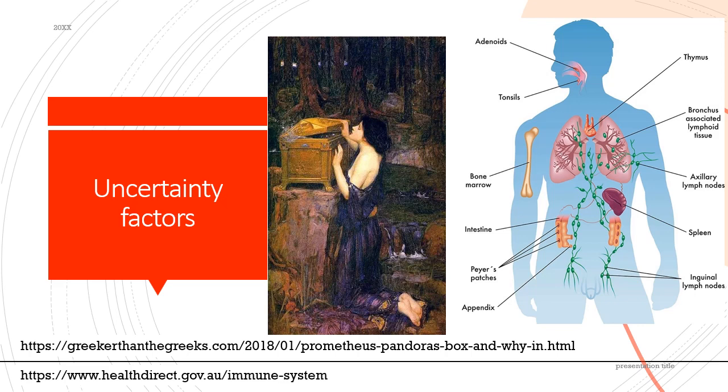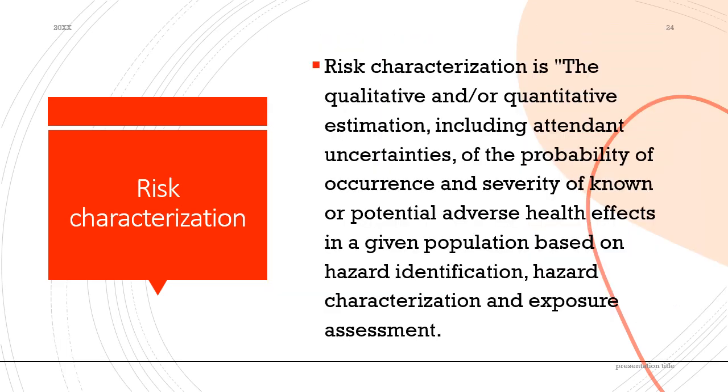This is compared with the Pandora's box. And all the data we use to estimate, including uncertainty, the probability of occurrence and severity of known or potential adverse health effects, and what type of sensitive population, come from hazard identification, hazard characterization, and exposure assessment.